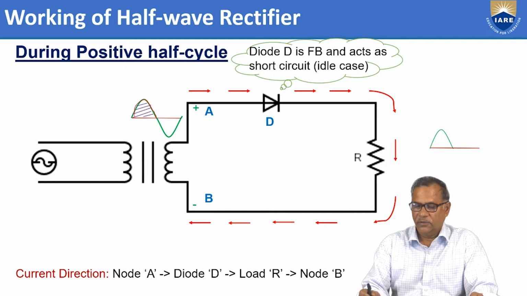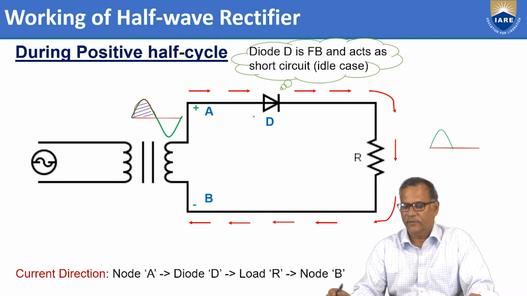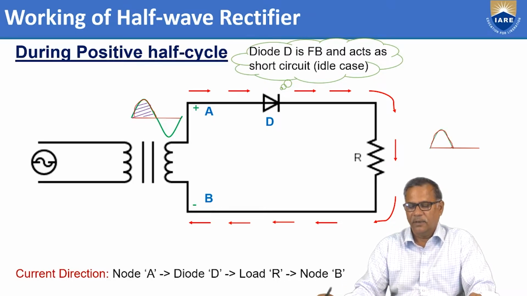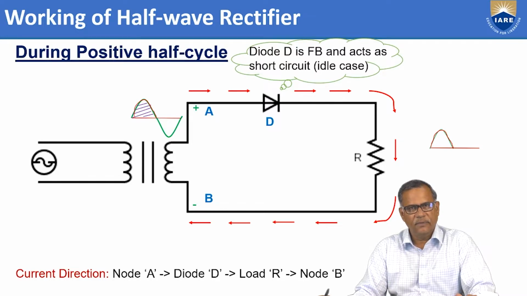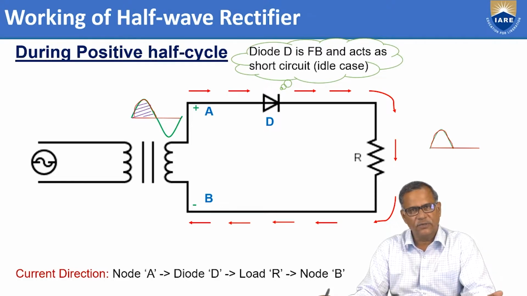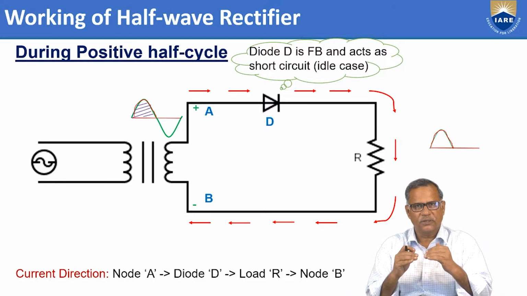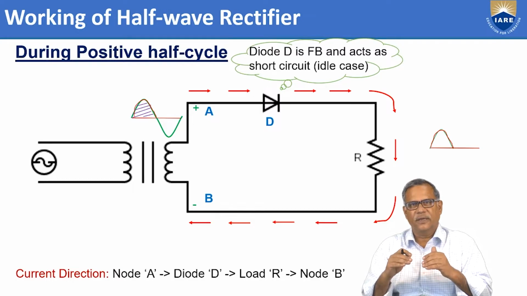The diode can be assumed as a switch. An ideal diode behaves like a mechanical switch. When the diode is forward biased, it acts like a closed switch, and when the diode is reverse biased, it acts as an open switch.